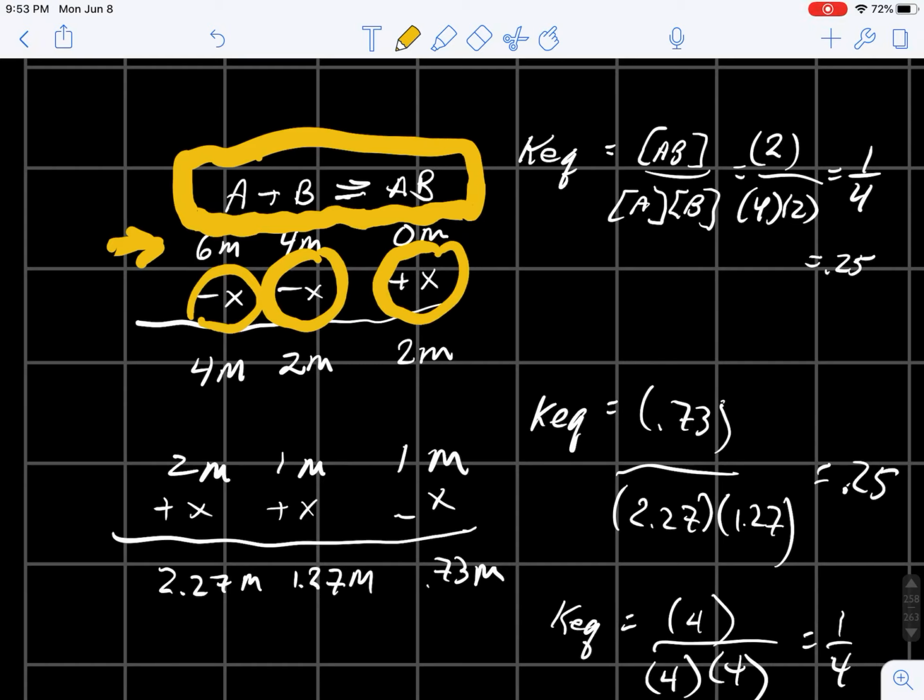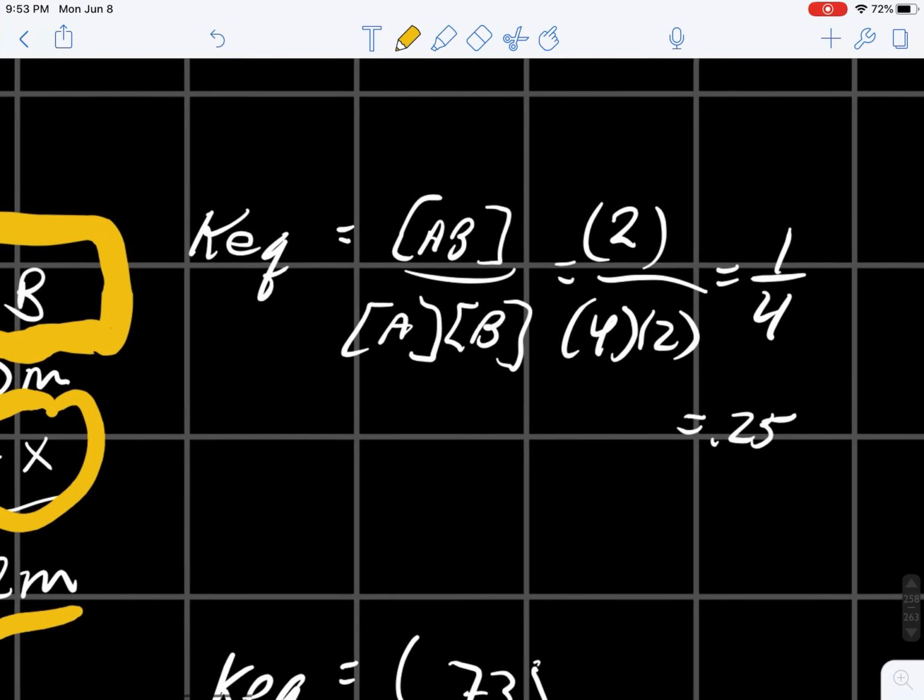So in this particular example, I said, all right, fine. We run this, and then at equilibria, we wind up with 4 molar A, 2 molar B, and 2 molar AB. So in order to get the value for KEQ, we're going to do products over reactants.